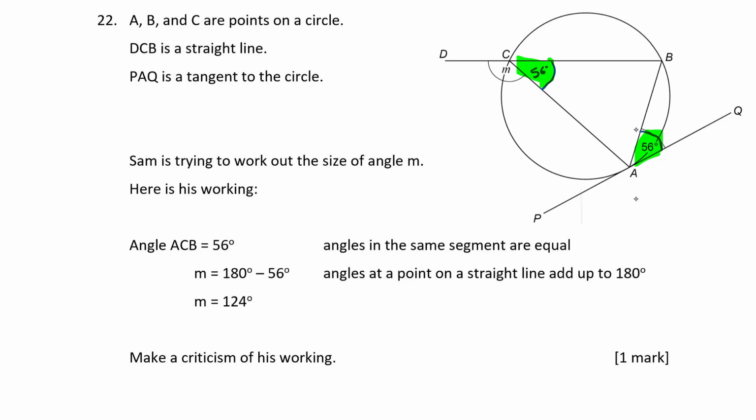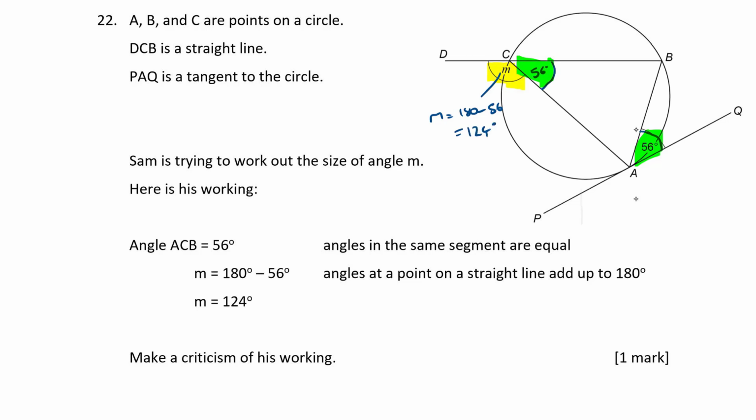The angle in the alternate segment is equal to the angle between that chord and the tangent. And then I've got two angles that lie on a straight line, so this angle here plus the 56 is going to be 180. So then M is going to be 180 minus 56 because of angles on a straight line, which gives me 124 degrees.